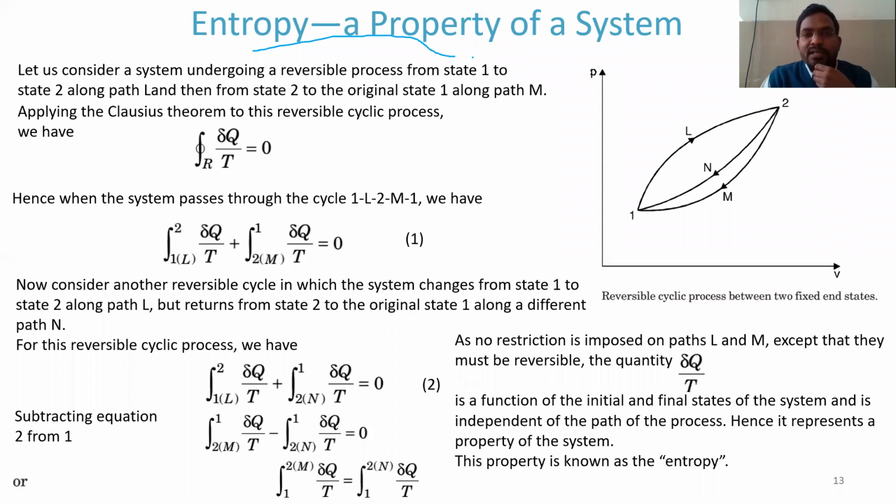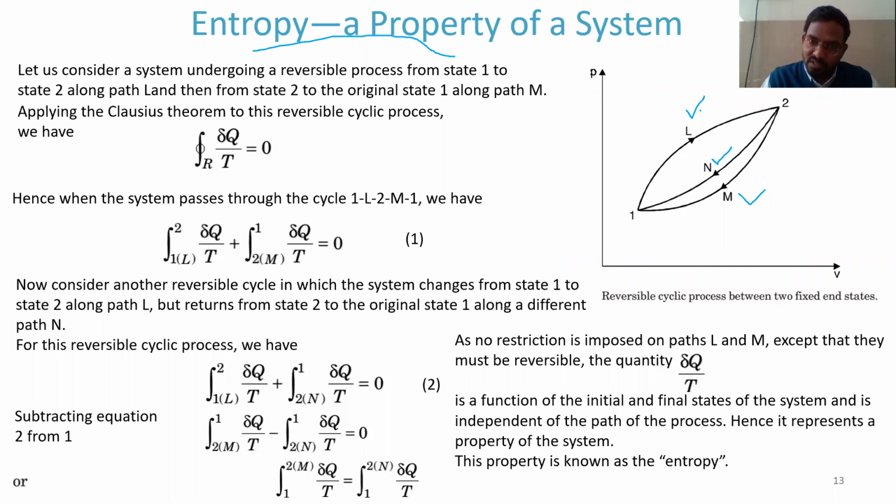So to prove that entropy is a property of system, we need to draw one PV diagram. State changes from 1 to 2 through path L and returns to original state once through path N and another instance through path M. If you are able to recall this scenario that we used to prove energy as a property of system, this is exactly similar.